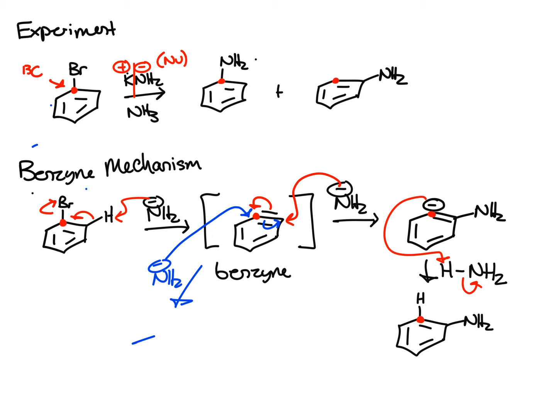In that case, we get the NH2 group on the labeled carbon, and then after this picks up a proton, we get the other product. So this shows exactly how through the mechanism the NH2 group is added to the ring.